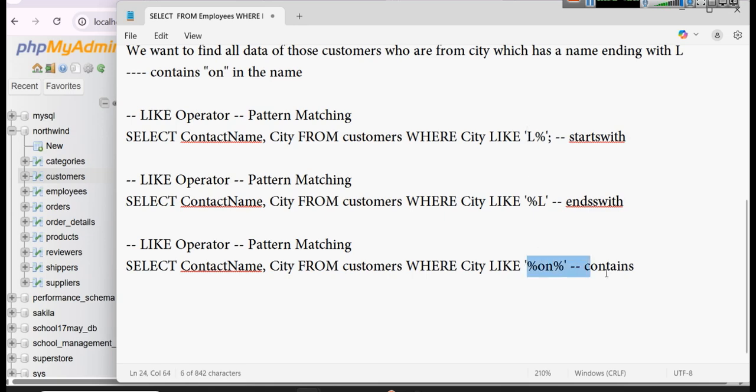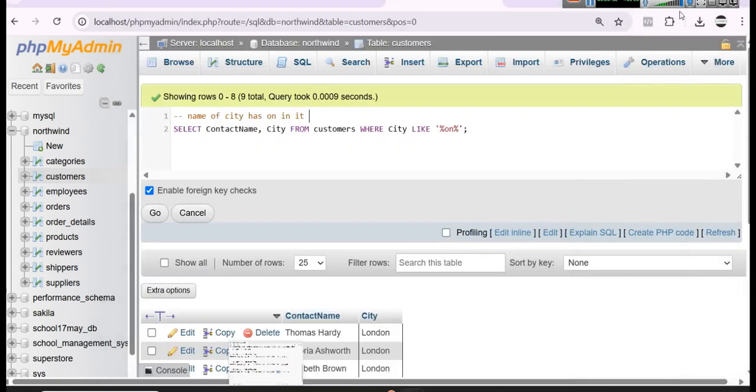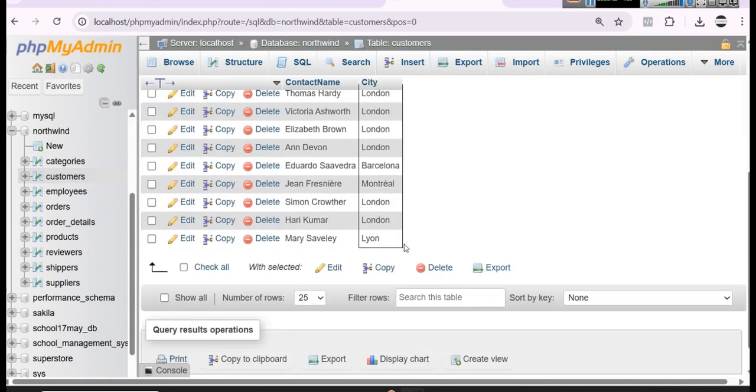But when we have ON or something like this, we know that it can be in between. So that is important, and that is how you will query that. So that's how you are seeing Montreal. Like in Montreal, M is at first place, then we have ON.